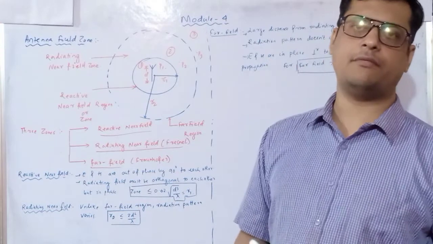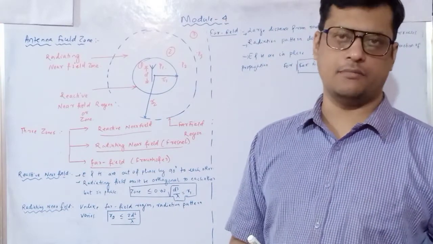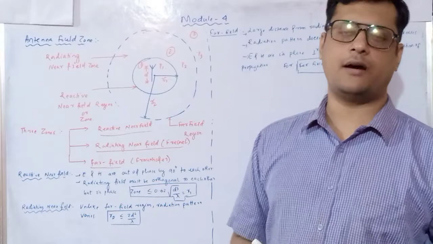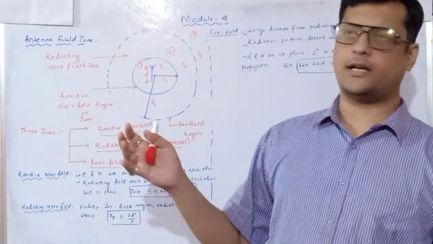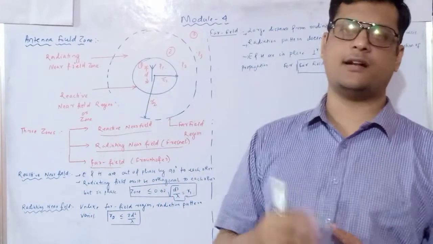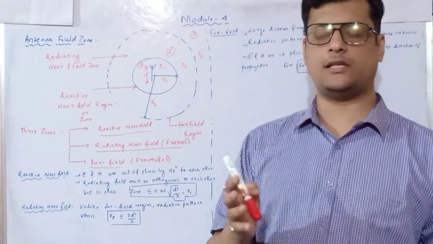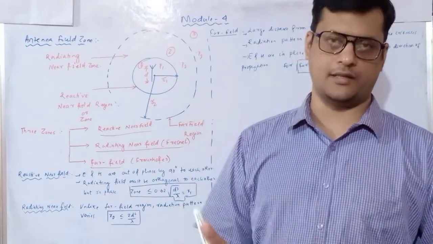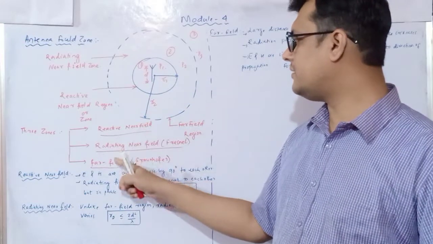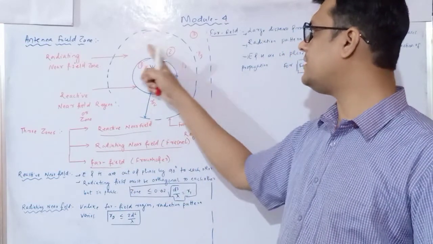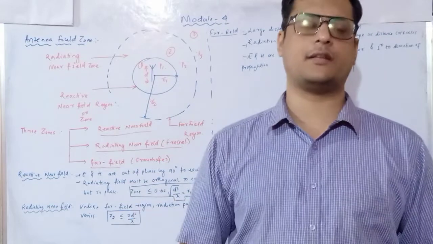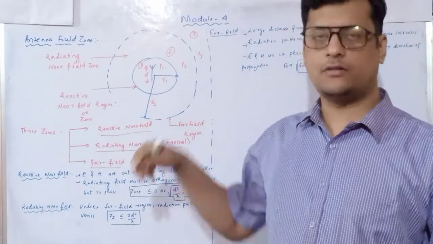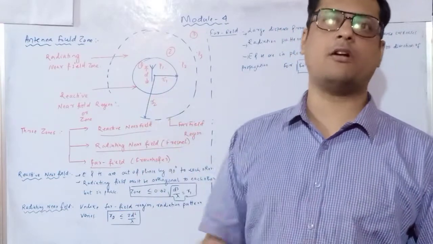Reactive near field is quite near to the radiating element, and the far field is outside of this, greater than R1. This R1, R2 has a relationship with the dimension of the antenna and the wavelength. The radiating near field region, the second region, is called the Fresnel region, and outside of this region it is called the Fraunhofer region.